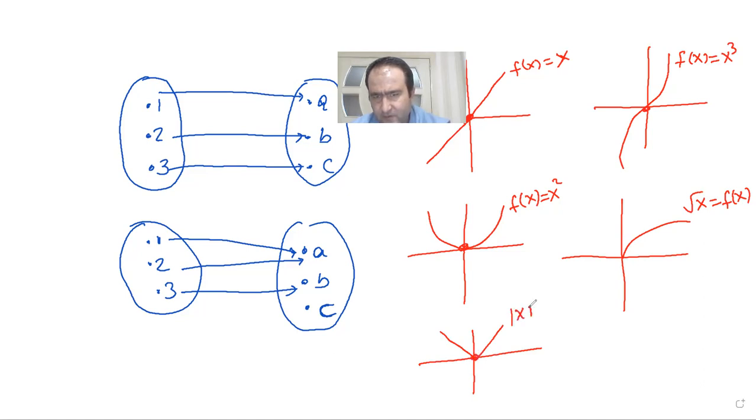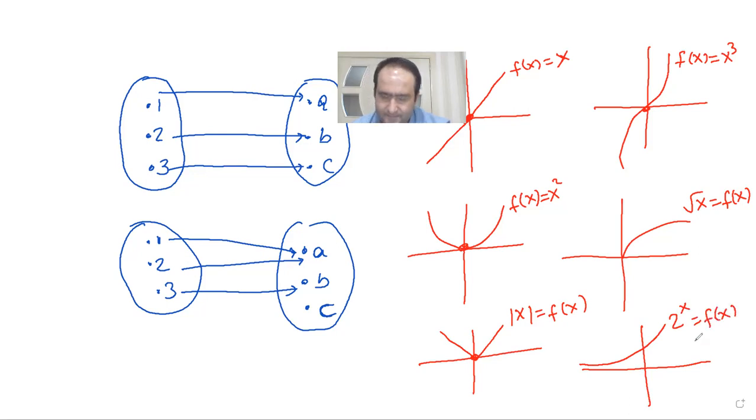This is absolute value of x. And 2x can be f(x). These are several different functions, okay?